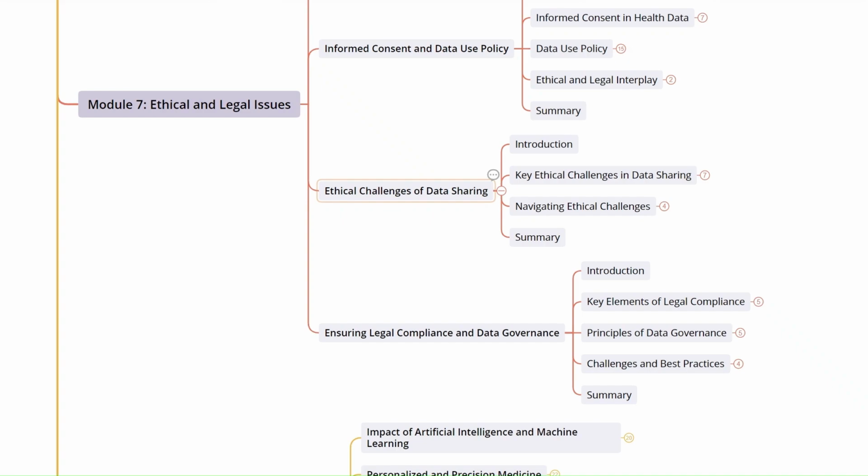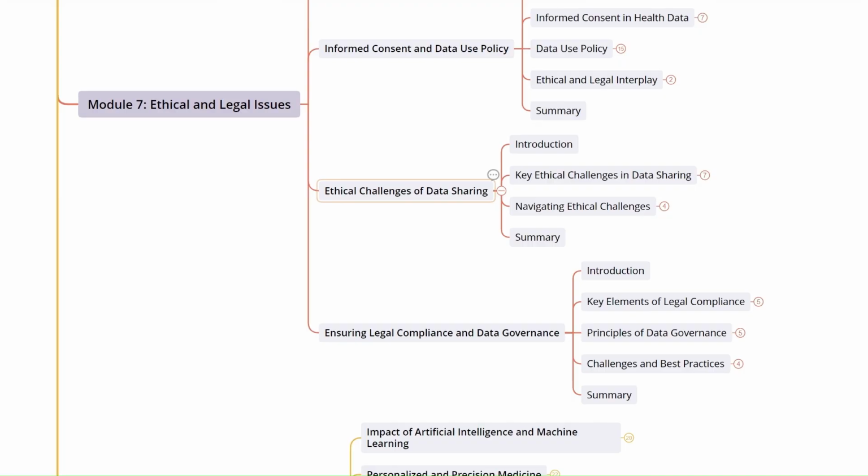Balancing the potential benefits of data sharing against the risks related to privacy violations and ethical misappropriation is a nuanced challenge.